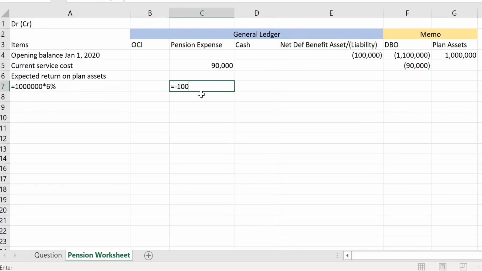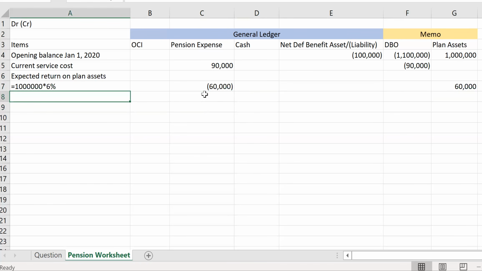So 1 million times 6%. This is going to decrease our pension expense by $60,000, and it's going to increase the value of our plan assets because we're expecting our plan assets to be worth an extra 6%, which we can use to pay out some of our obligation under the plan. So we can use it to offset our pension expense.